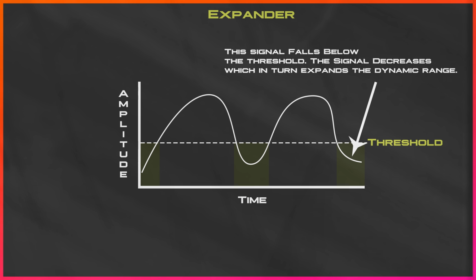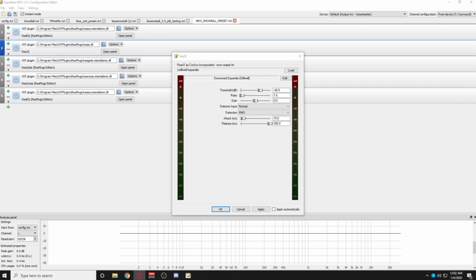What it's going to do is expand the dynamic range in your voice once the threshold is hit. So what we have set is negative 40 decibels as our threshold. Once the audio signal goes below negative 40 decibels, it's going to expand the dynamic range of our vocals between the quietest part and the loudest part. Instead of squashing the dynamic range like a compressor would, the expander expands the dynamic range.